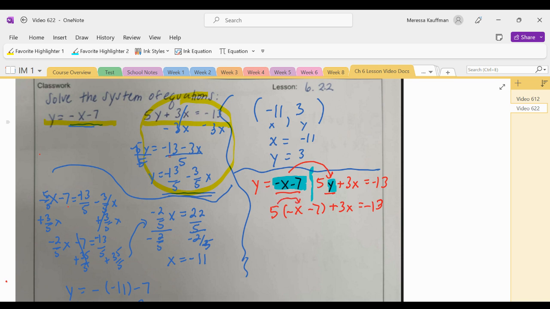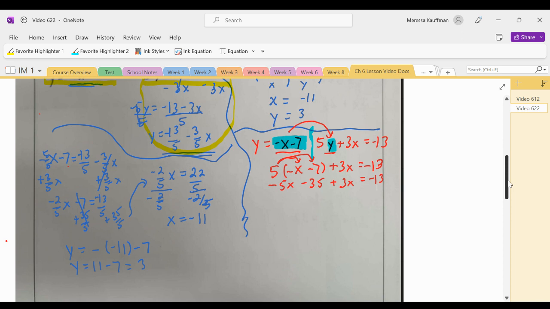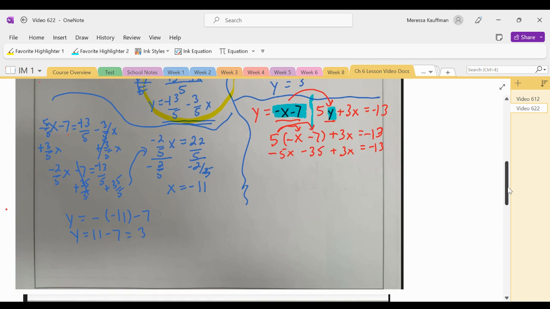So I'm going to distribute that 5 into both terms. I get negative 5x minus 35 plus 3x is equal to negative 13. Now, hopefully you guys are seeing that you're just going to solve for x. We're combining those like terms. So I'm going to add 3x.